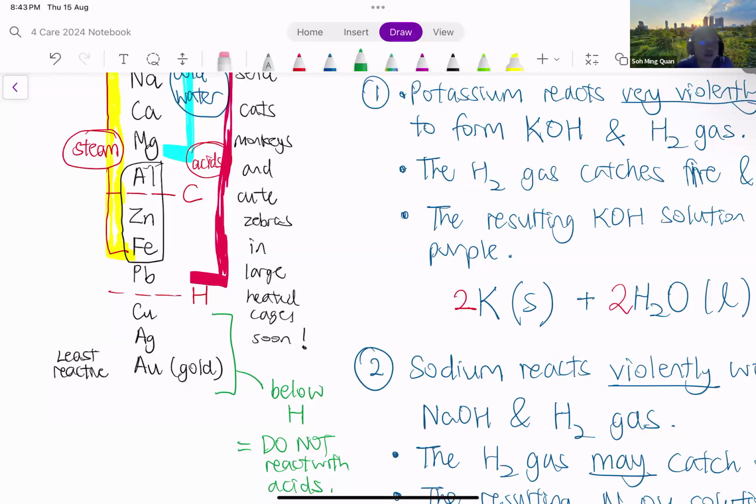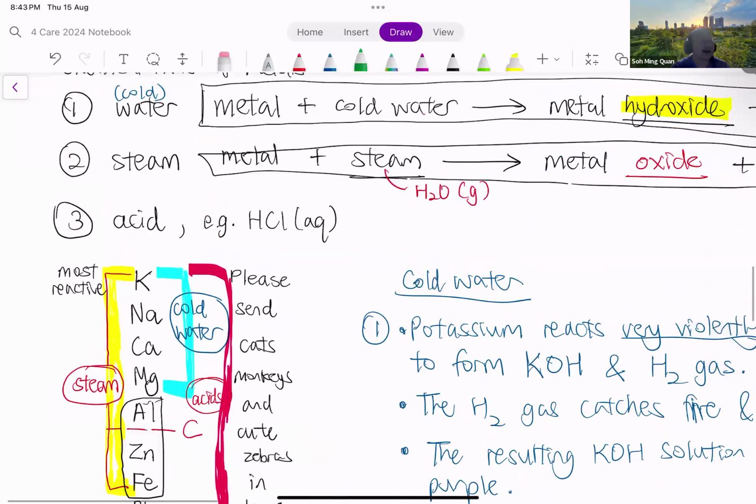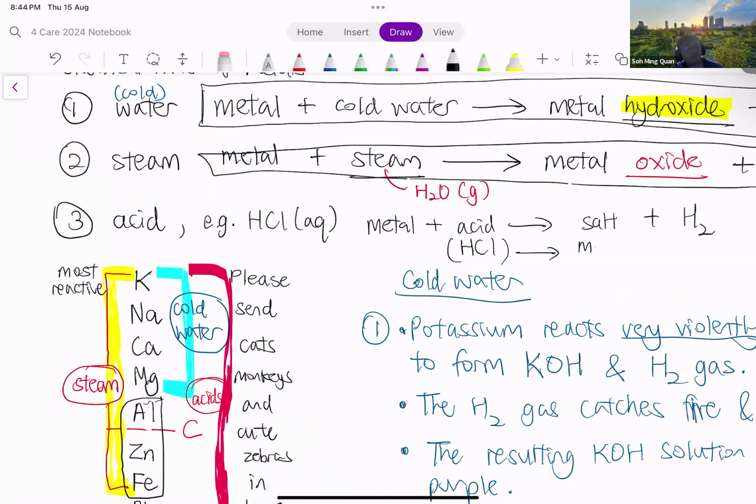Okay, Ken, I think this concept you are quite familiar. So acids, how do they react with metals? So let's quickly finish this. Metal plus acid forms salt and hydrogen, right? In this particular topic, if we use HCl, we will form the metal chloride and hydrogen.